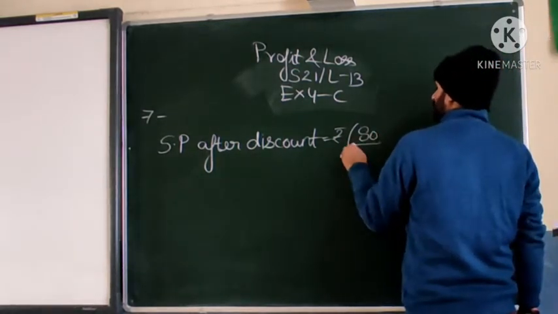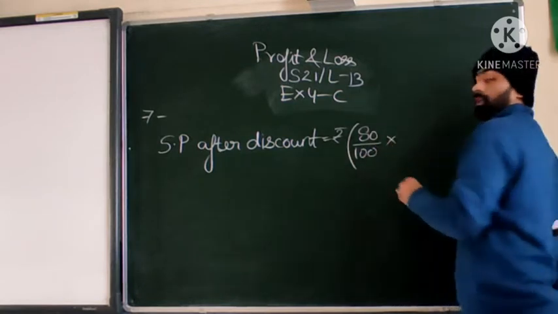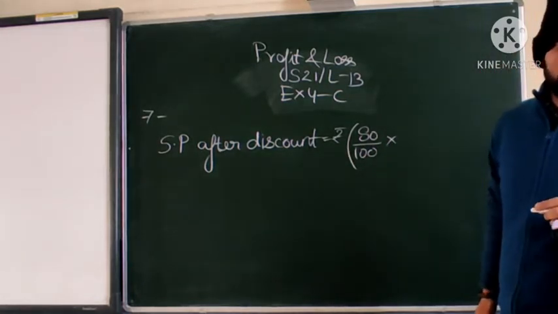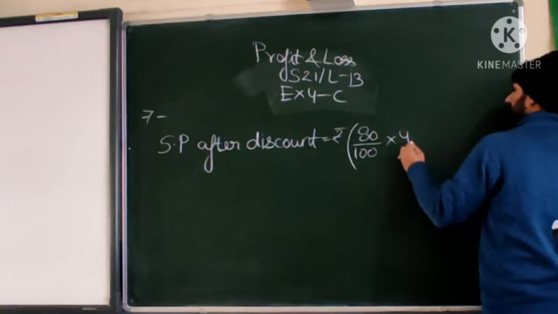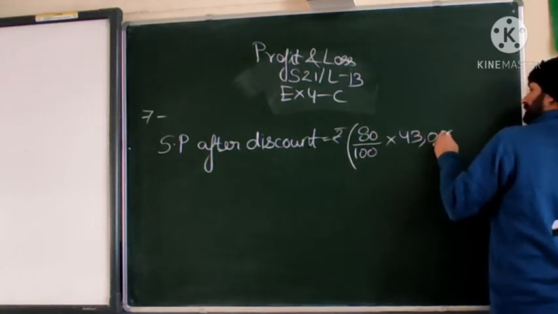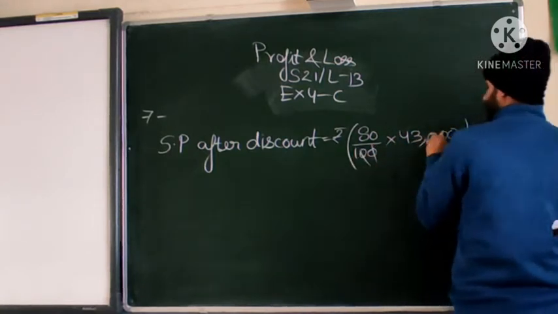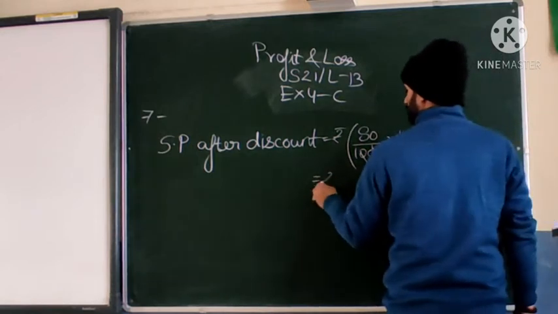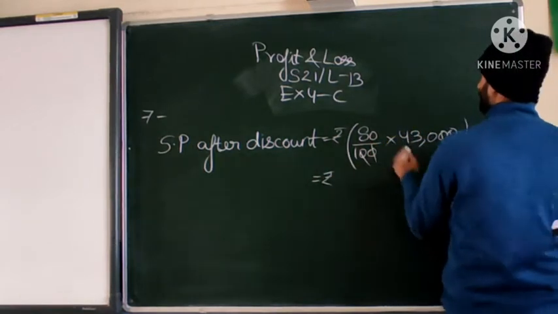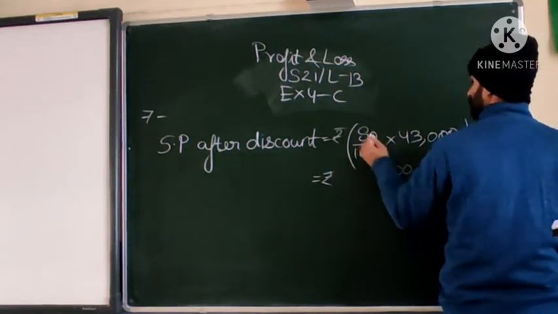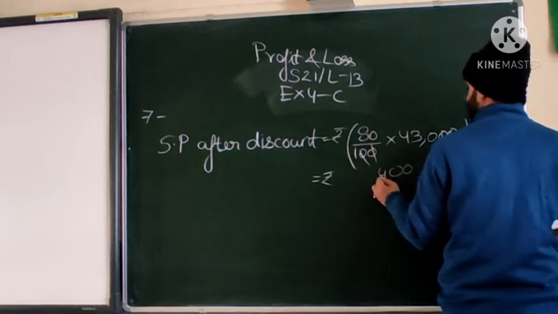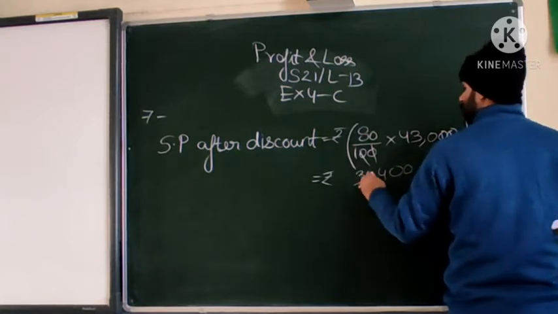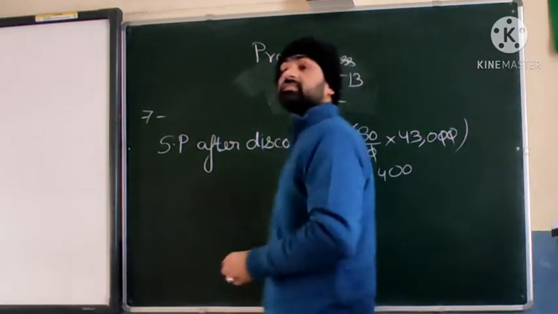What is the marked price given here? 43,000. 43 and 3 zeros. 2 zeros calculated here, 2 zeros will come again here also. 8 fours are 32... 34400. Now this is the selling price.